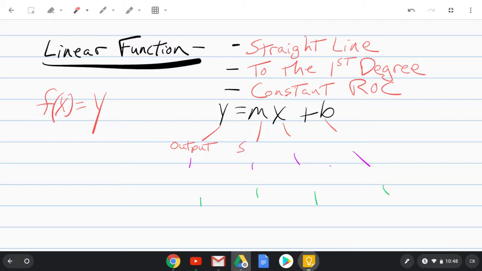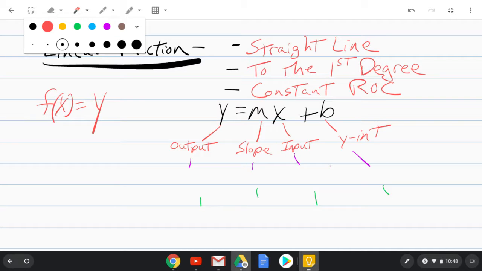The slope is the slope. What is the x? Input is our input. And the b. Let's go with y-intercept, because slope and y-intercept go together, right? You agree with that?